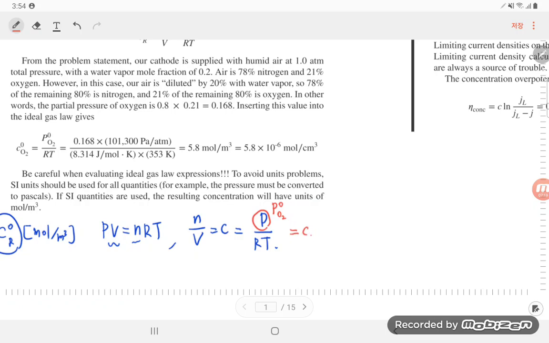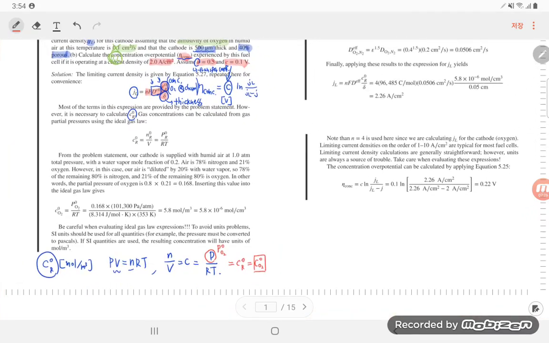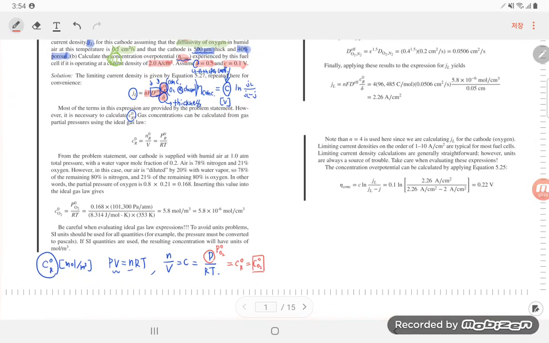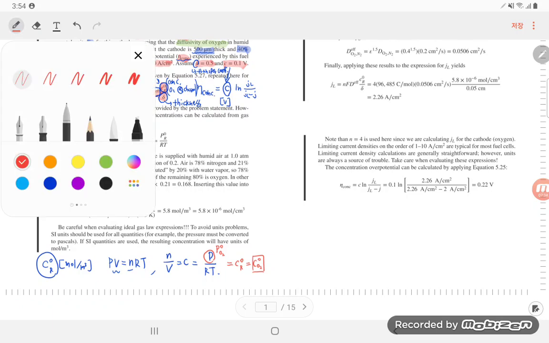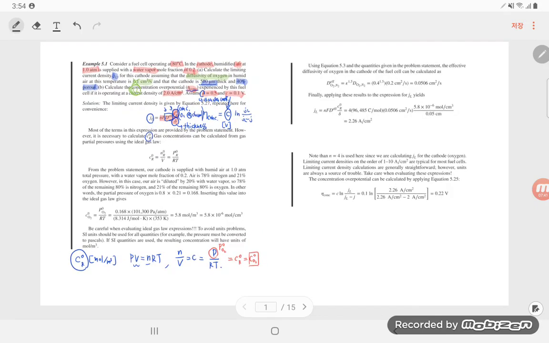And this is the CR0, or CO2,0. Then how can we get the partial pressure? Because we already know the fractions in this channel.